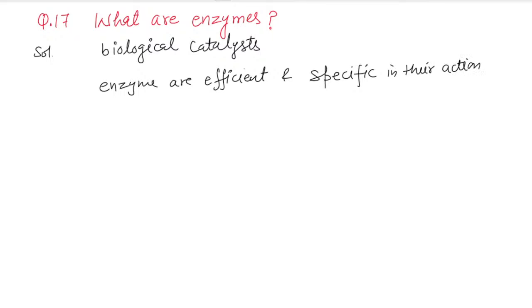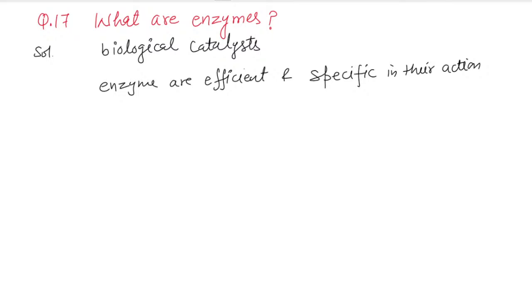For example, let's take invertase. Invertase is used in the hydrolysis of cane sugar. It cannot be used to hydrolyze maltose.